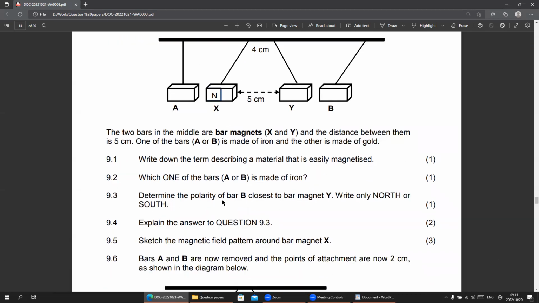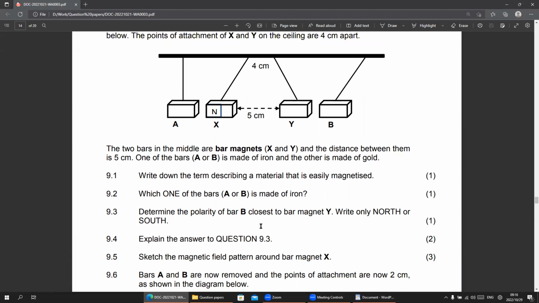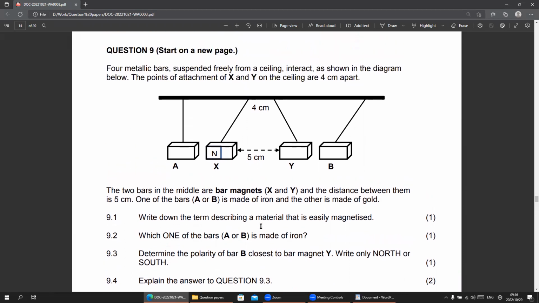And they say determine the polarity of bar B closest to magnet Y. Is it north or south? So that's why I just said it's magnetism.